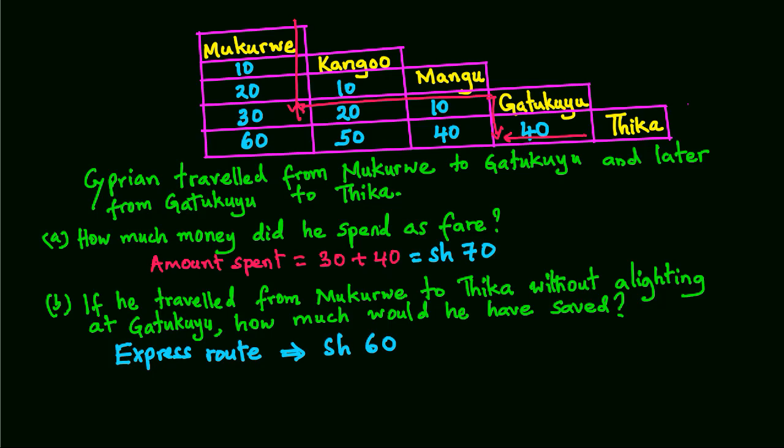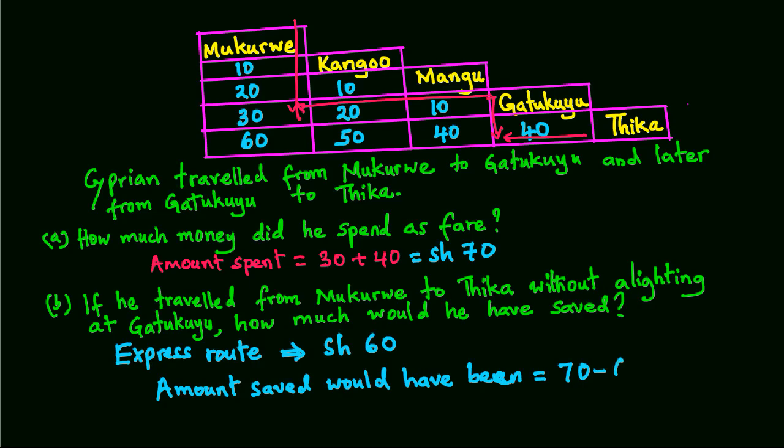So amount saved would have been 70 minus 60, so this gives us 10 shillings.